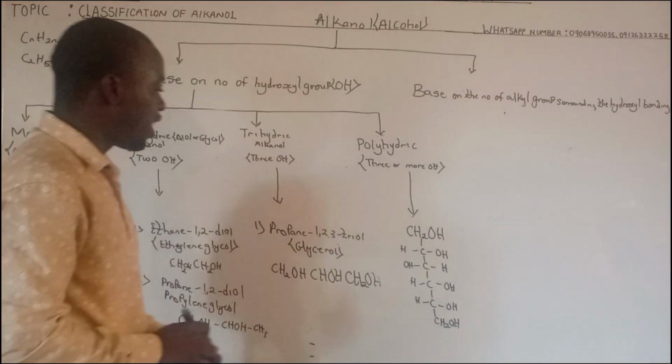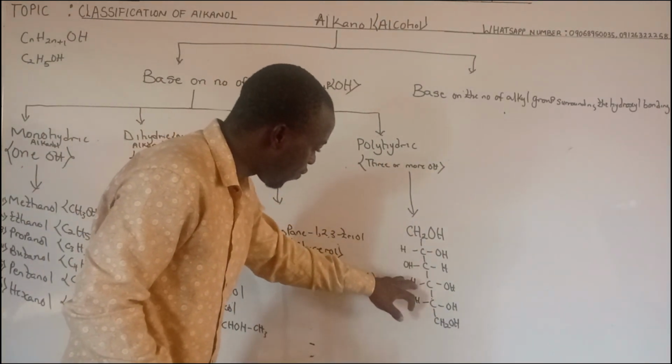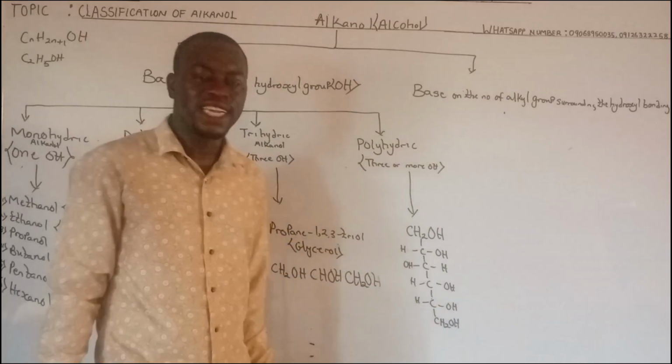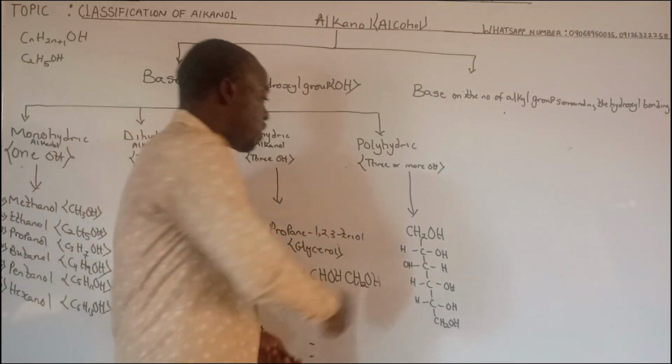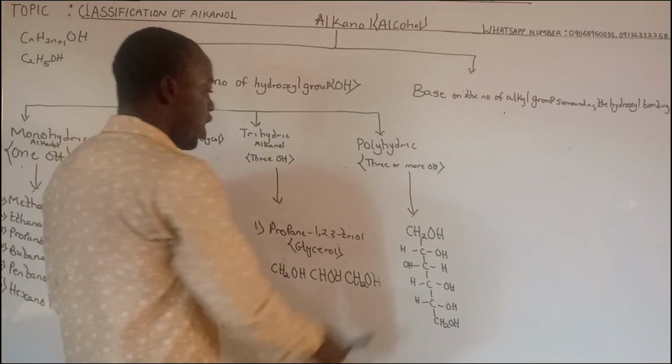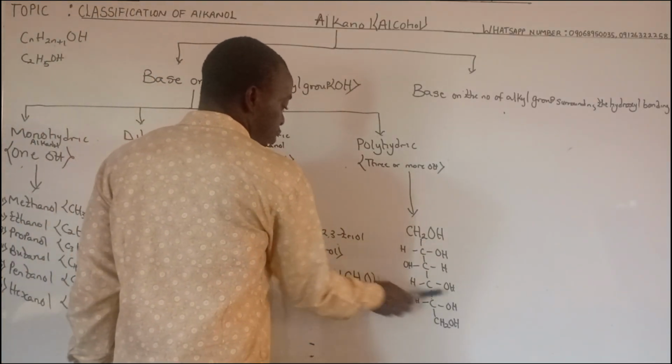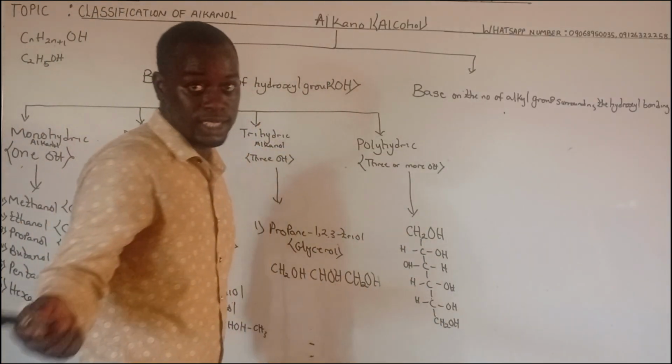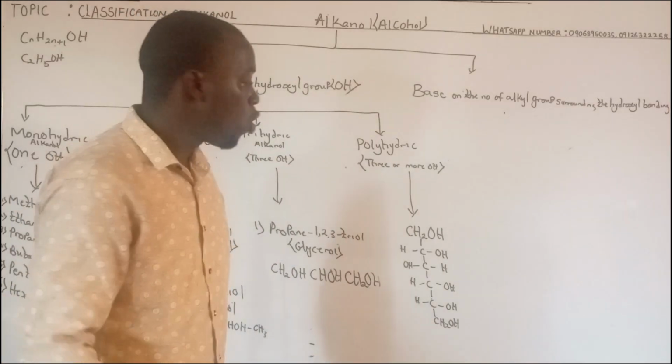You can see here that 1, 2, 3, 4, 5, 6. You can see here that the dominant functional group here is OH. And if you count the number of this OH, you have 1, 2, 3, 4, 5, 6. There are 6 OH.